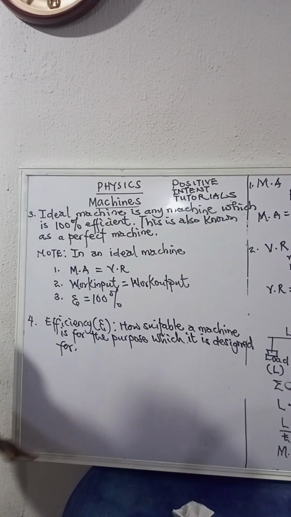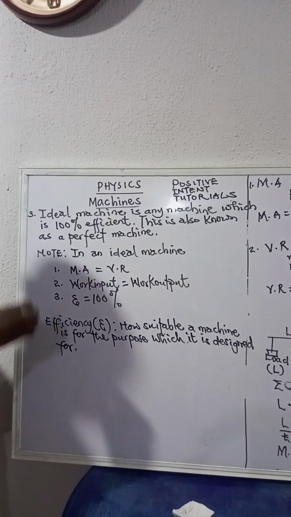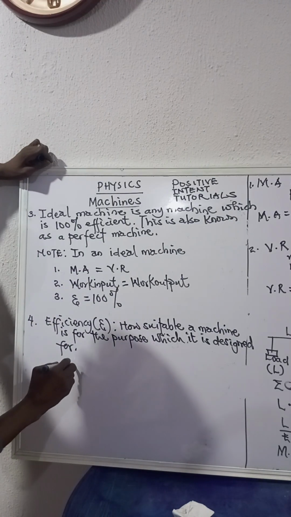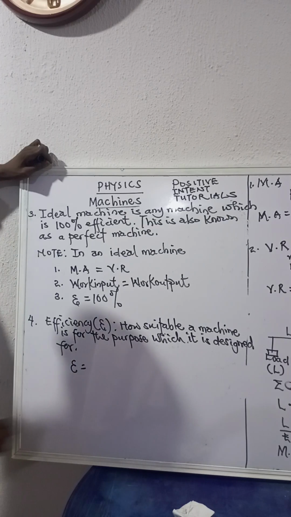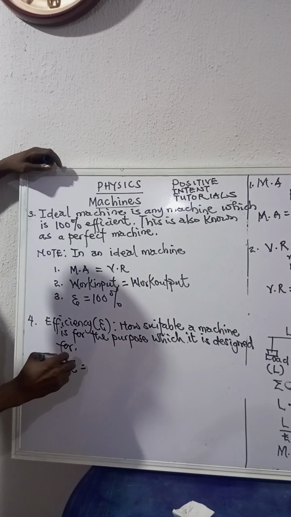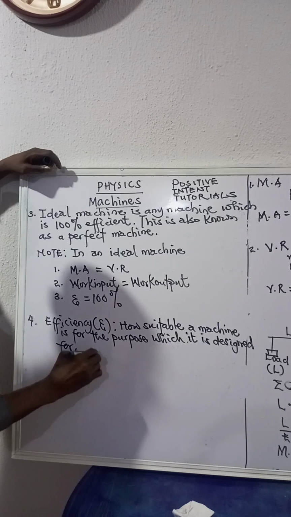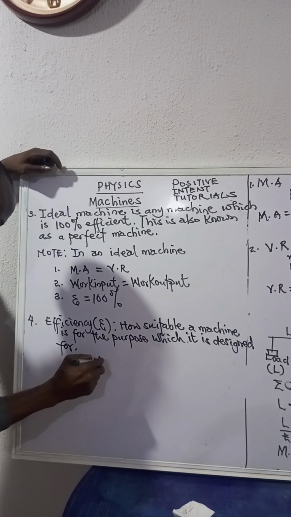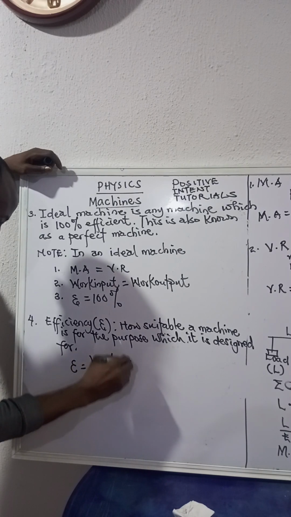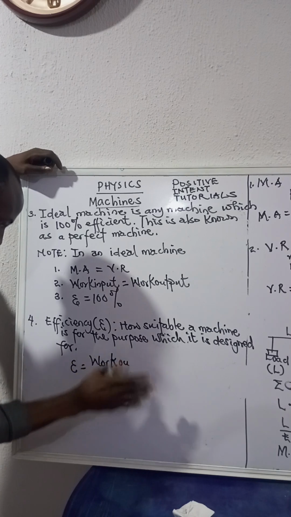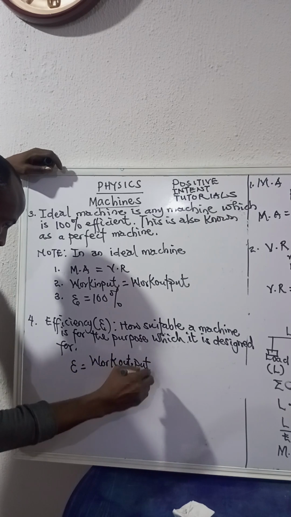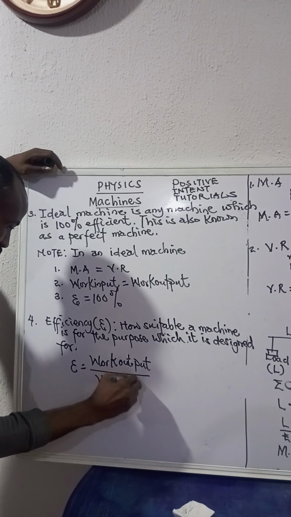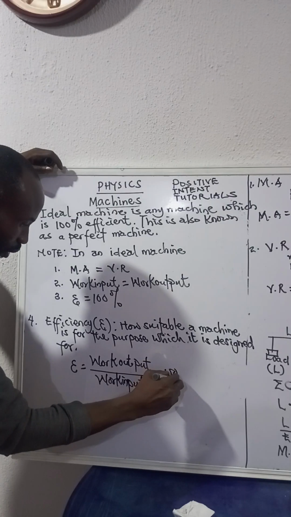So, mathematically, I'll take us through the mathematical relation for efficiency. Efficiency is given as: efficiency equals work output over work input, multiplied by 100 over 1.